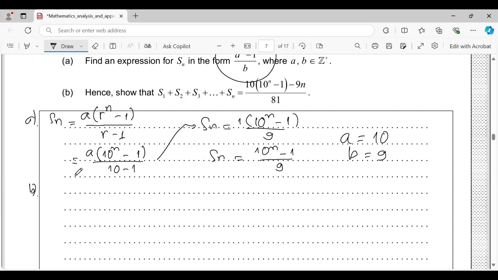So S1 plus S2 plus S3 plus up to Sn equals this Sn, 10 to the power n minus 1 over 9.